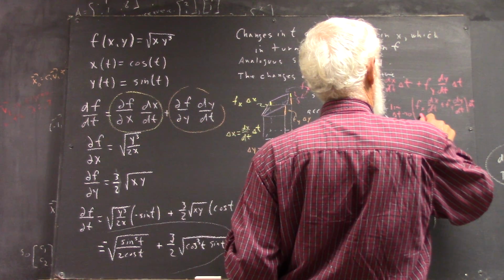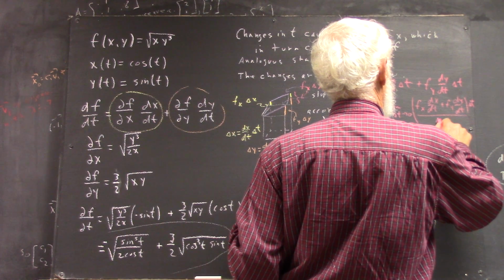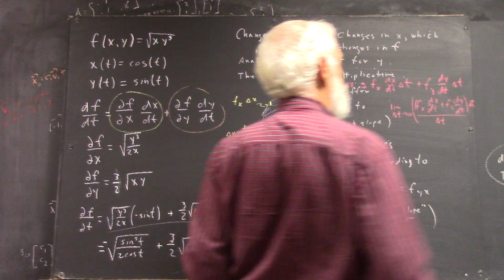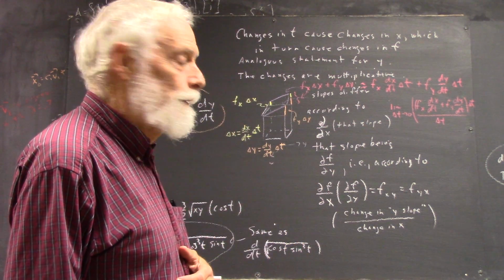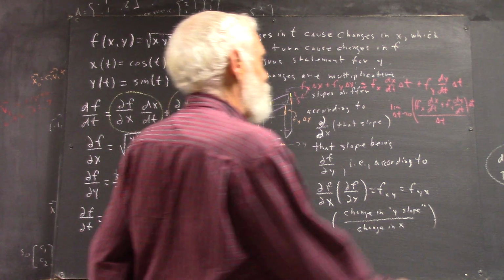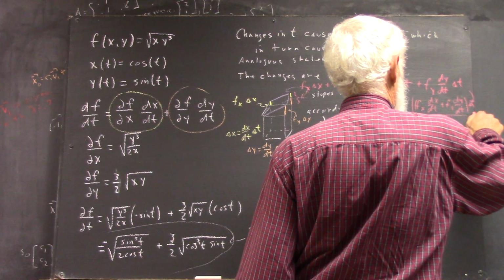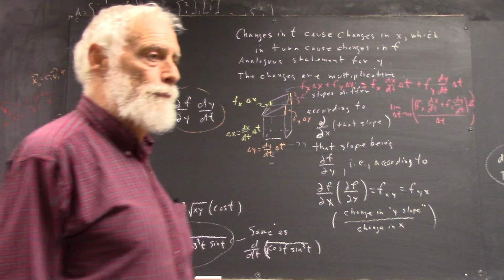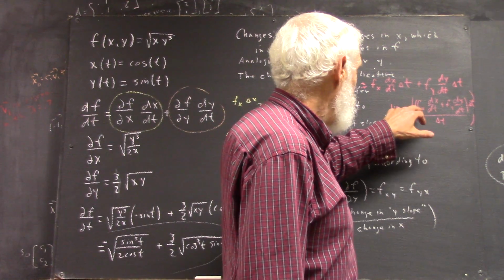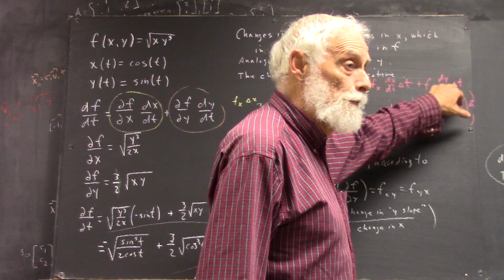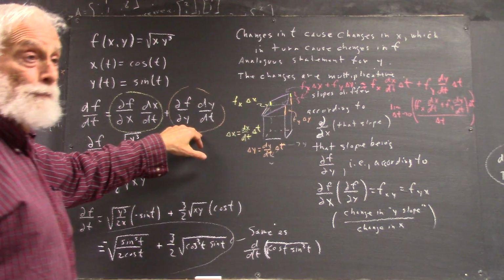We're taking the limit of this over delta t. I guess I've got to close a parenthesis out here somewhere. Well, the delta t's drop out, you get fx dx dt plus fy dy dt, which is this.